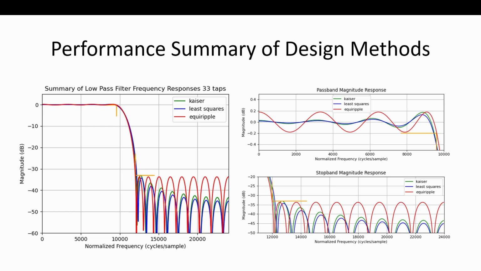So there's a summary all in one place of the different design methods we saw. And I come back to when I said, least squares is the one I will go to. And sometimes I'll get into some weird condition where it won't converge. And it's obviously not converging and then I fall back to the Kaiser. And this is what I'm talking about.